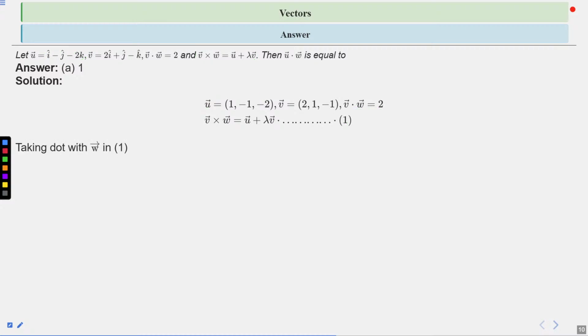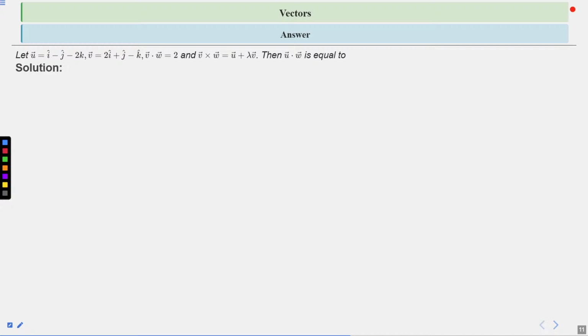So taking dot with w in equation first, you will get w dot (v cross w) is equal to u vector dot w vector plus lambda v vector dot w vector. So this is just a dot product. Solving this, you will get 0 equal to u vector dot w vector plus 2 lambda.